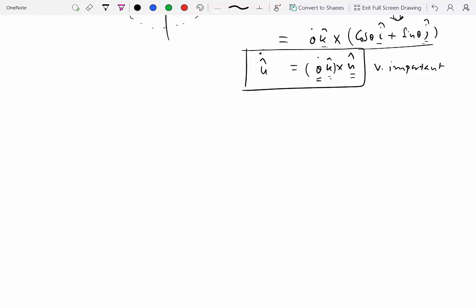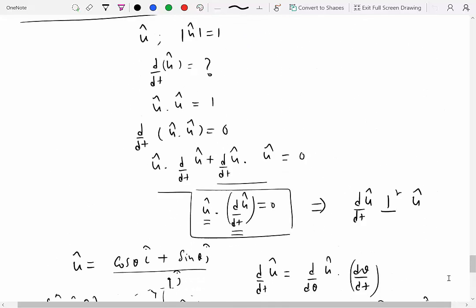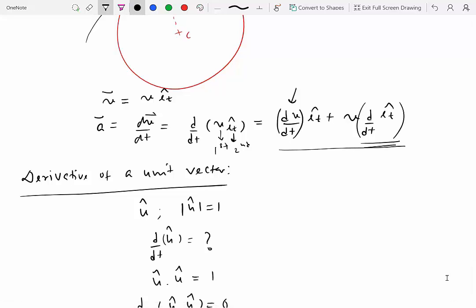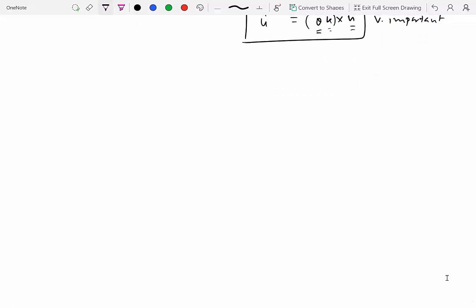So now that we have seen how to obtain the derivative of a unit vector, let's go back to the relationship that we had for the acceleration in the tangent normal system, right? So let's rewrite this over here. So in the tangent normal system, the acceleration is dv over dt, which is v dot et hat plus d over dt of et hat, and v is outside over here, right?